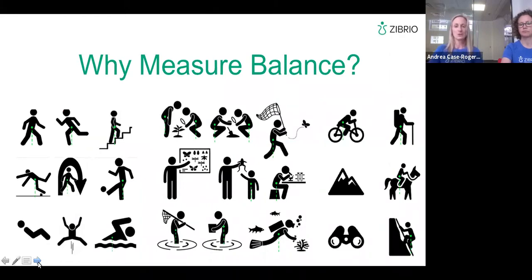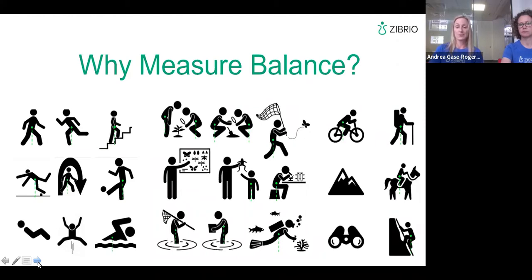So why do we measure balance? Balance is fundamental to every single movement that you do. And as you look through these images, you'll see there's that little dot and the extension of that central gravity down to their base of support. Every possible movement that your body is doing in this world has to keep control of the body relative to this central gravity.